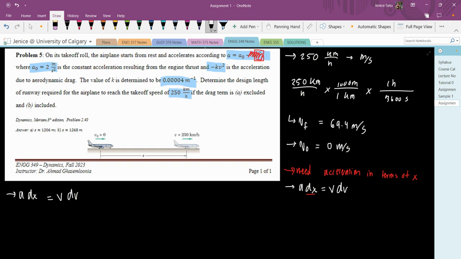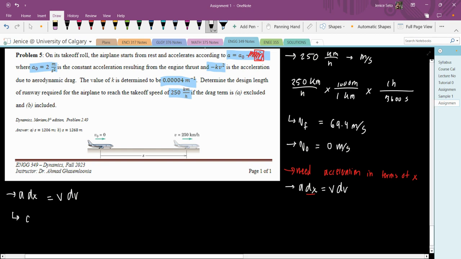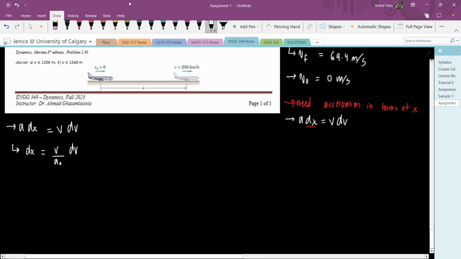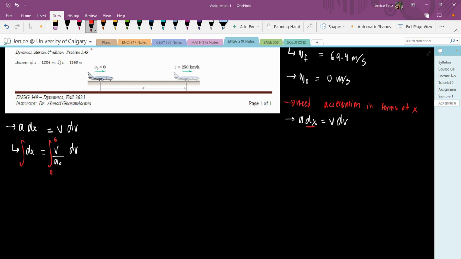So in that case, dx equals v dv, and we're going to divide by our acceleration, which is just a0. Once we integrate, we are integrating from our initial speed, which is 0 meters per second, to 69.4 meters per second, which is 250 kilometers an hour. We're going to get x on its own.